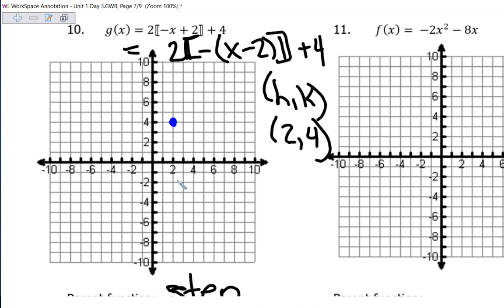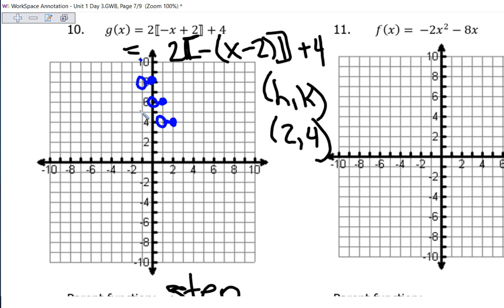Now this one is being stretched by a factor of 2. So normally, how many units do we go up to make our next step? 1, but it's being stretched by a factor of 2. So instead of going up 1 unit, we need to go up 2 units. So go up 2 units, swing to the left. Go up 2 units, swing to the left.